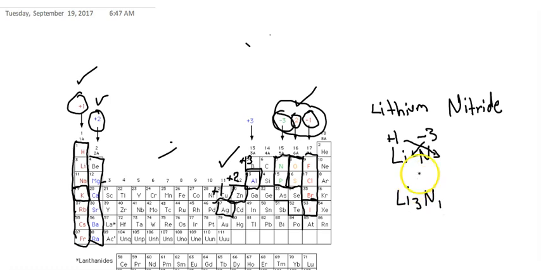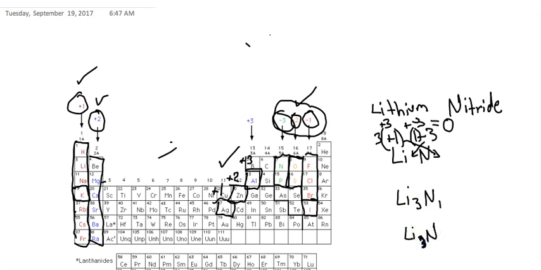And if we test out our math, we know that if we have 3 positive 1 charges, we're going to get a positive 3 up here, and if we have 1 negative 3 charge, we're going to get a negative 3 up here. We add them together, and we get 0. So this is a happy formula, a good equation, and if we don't write it with the 1, we just get Li3N.